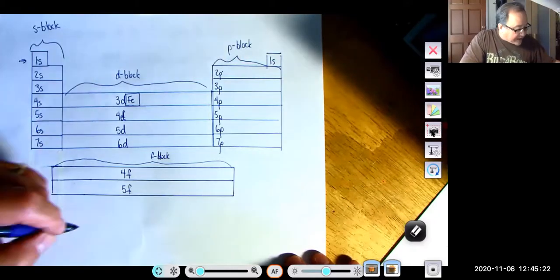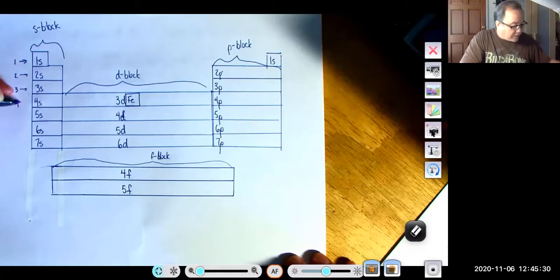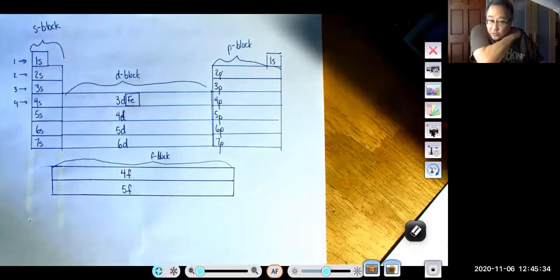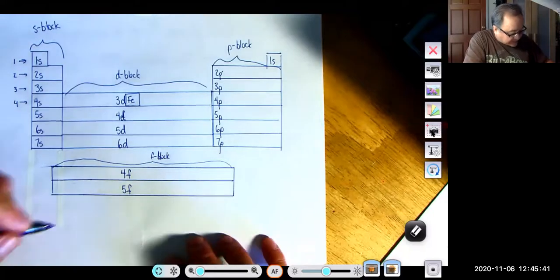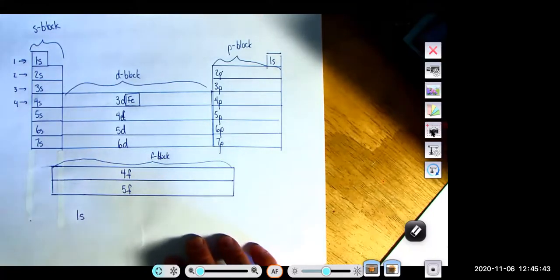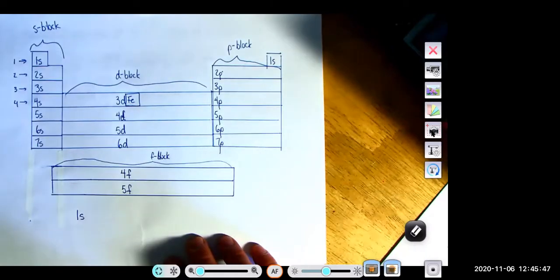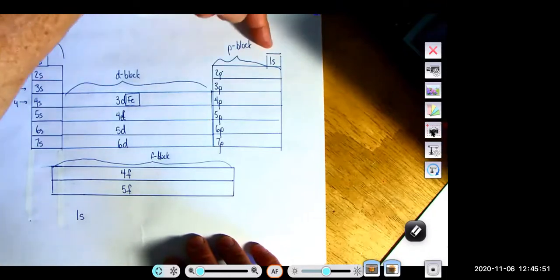So can you see that if we start here and then we go here and then we go here and then we go here, we read from left to right and we look at the subshells that we go through to get to the element. So do you see that we go through the 1s? And how many elements do we go through? One. Right? 2. We go through 2.